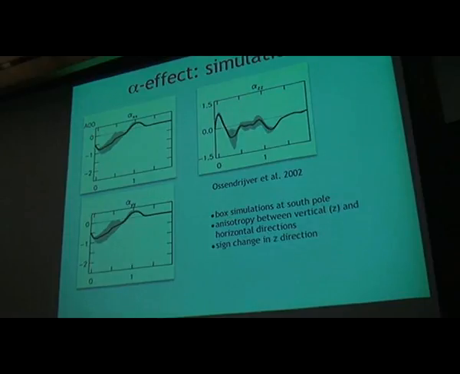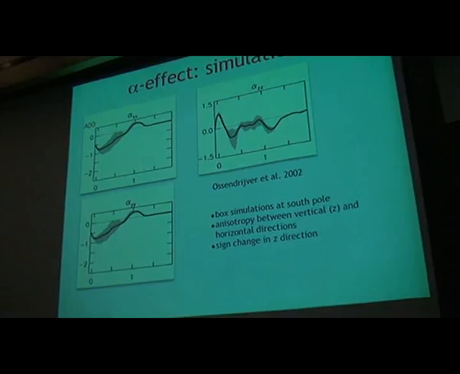This is from a simulation by Ossendrijver et al. 2002, which basically confirmed the second order correlation approximation insofar as they found an anisotropy, so the horizontal components are basically identical, but the Z component is different. This was carried out at the South Pole, I think, so Z is the rotation axis again. One can also see there are some sign changes here, so it's a bit complicated structure.